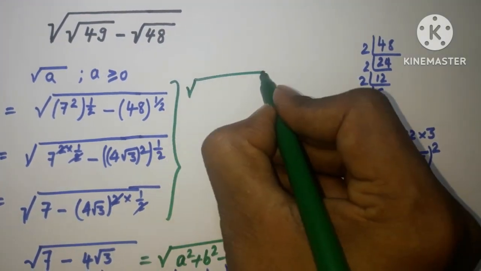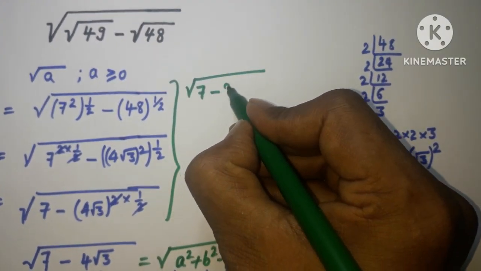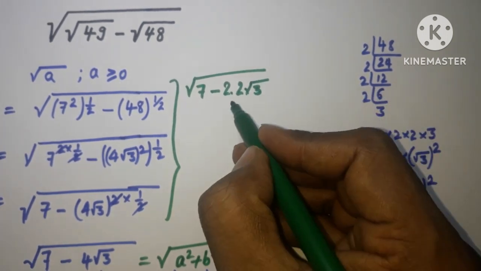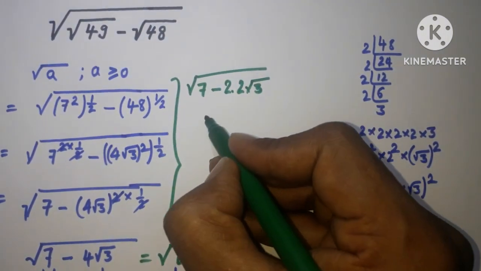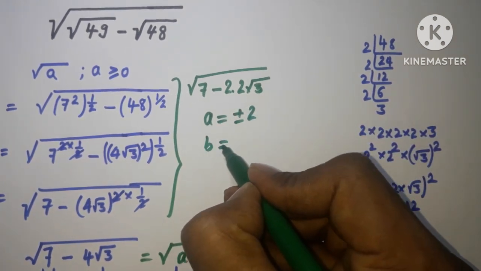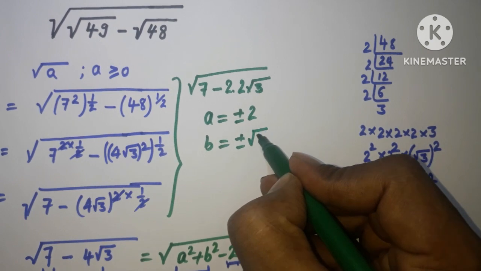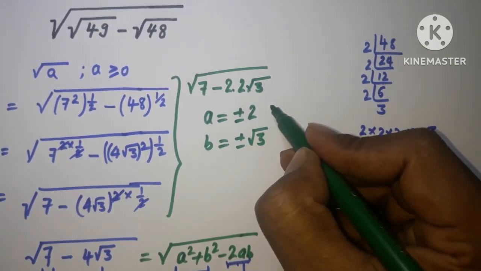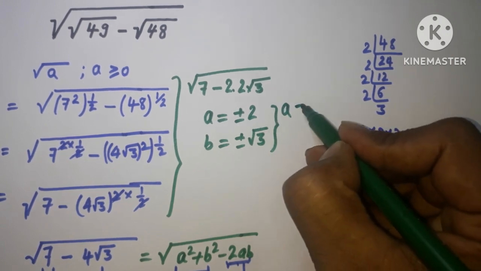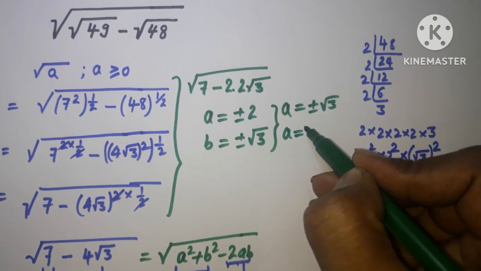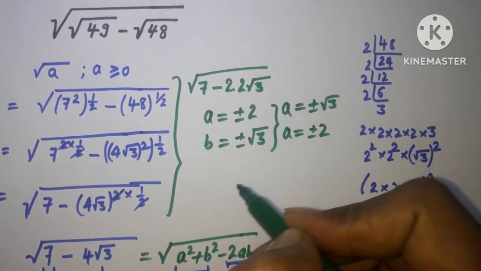Suppose root under 7 minus 2 into 2 root 3. So obviously the value for a is either positive or negative 2, or b is either positive or negative root 3. We can also swap this one: plus minus root under 3, and a is equal to plus minus root under 2.